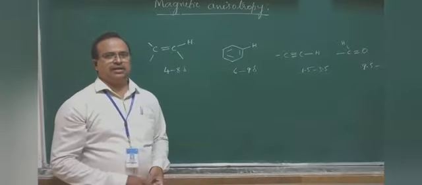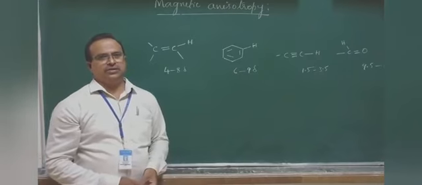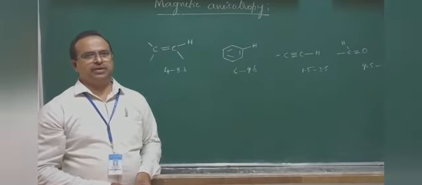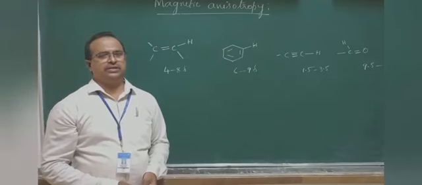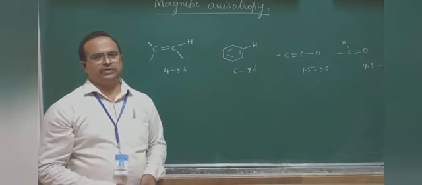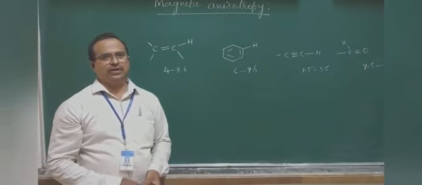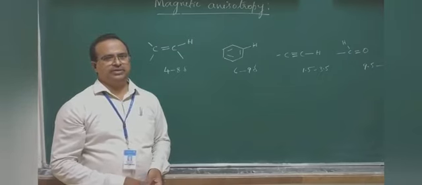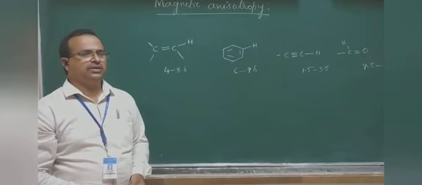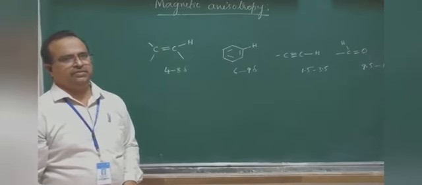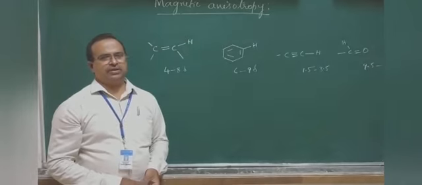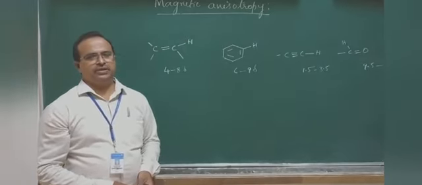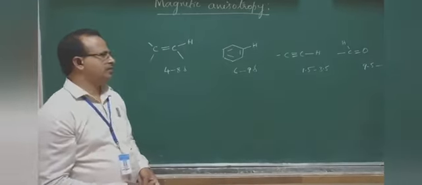In the other class, we have discussed the factors affecting the chemical shift values. We have discussed the electronegativity effect and also the hybridization effect. On the basis of electronegativity effect and hybridization effect, we have discussed the different values of chemical shift observed by different compounds.